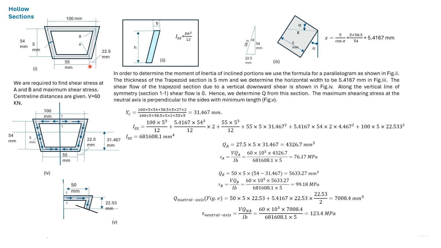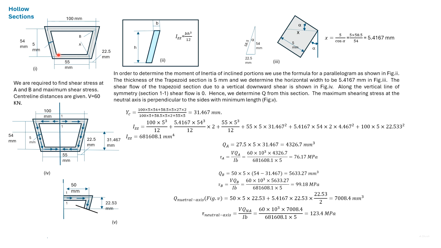We are given this distance and the height, so we can find the length of this inclined portion, which will help us to determine cos alpha. B here is this length x. X cos alpha is 5, which we find as 5.42 millimeter.